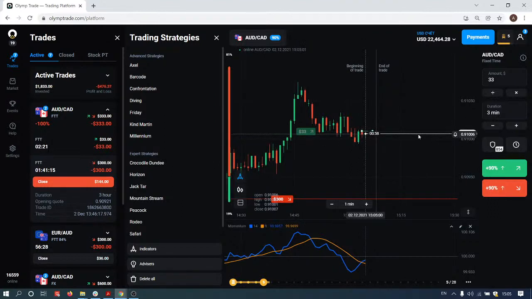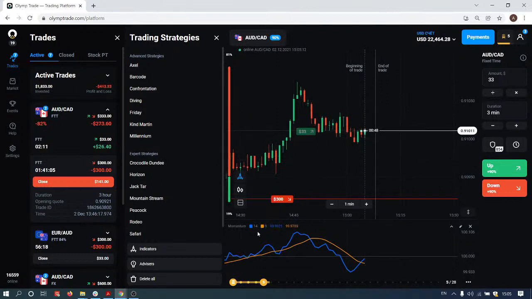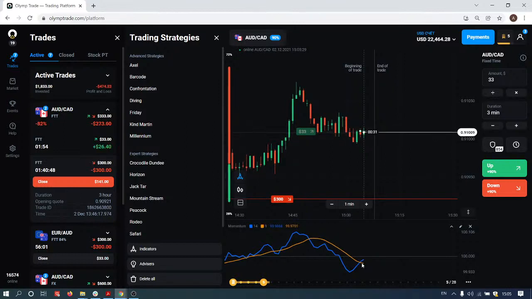Here you always know when to open a trade, because this strategy only consists of one indicator, the momentum oscillator with the default properties of 14 and 9. 14 periods, and 9 is the period of the simple moving average, this orange line. So this is the momentum line, and this is the SMA line based on the momentum line.